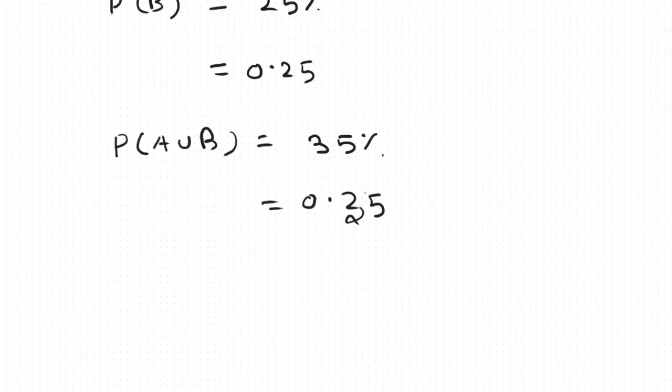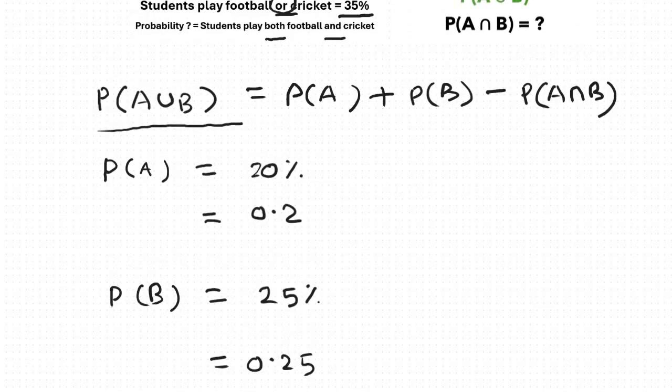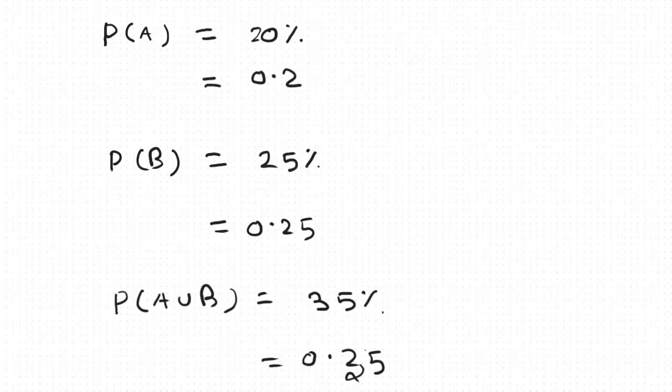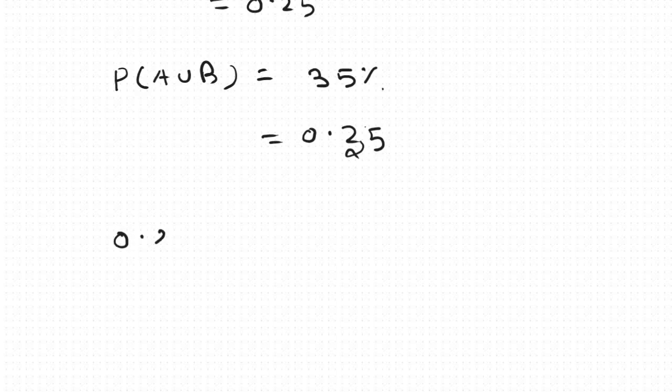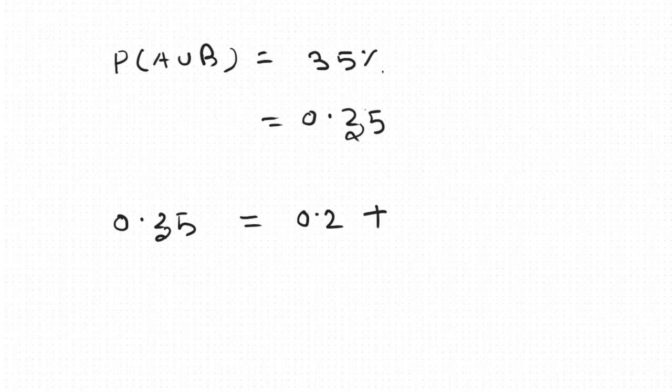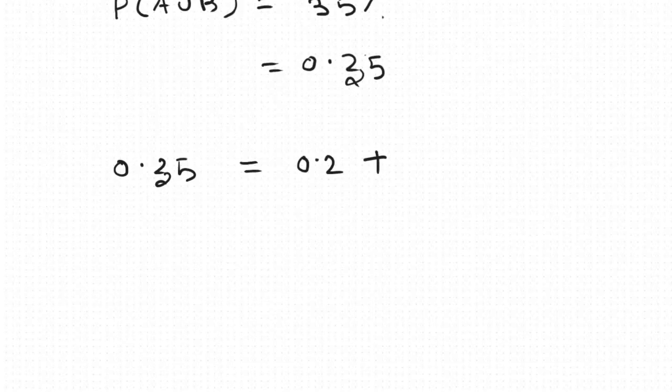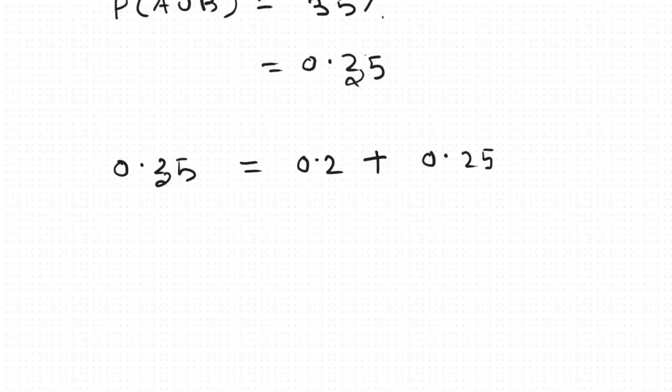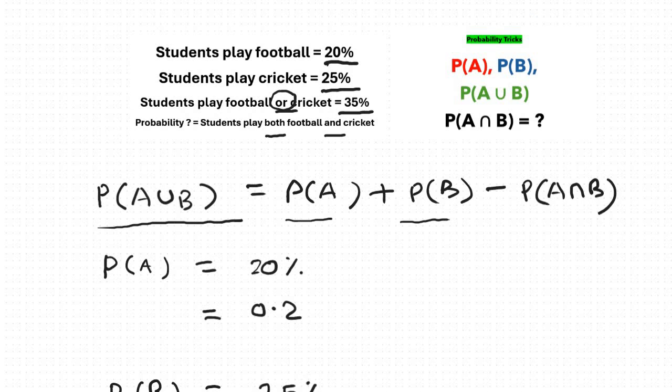Then we can see from the formula that we have the value of probability of A union B, the value of probability of A, and the value of probability of B. We can find the value of probability of A intersection B. So we can put the values in the equation: 0.35 equals 0.2 plus 0.25 minus probability of A intersection B. Probability of A intersection B is the desired value of students who play both football and cricket.